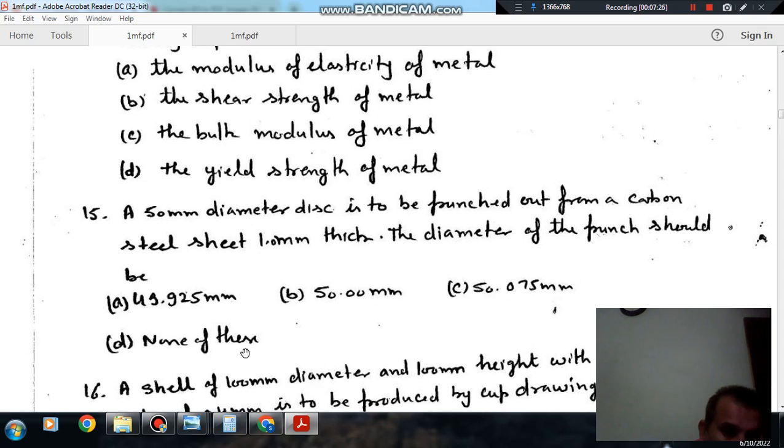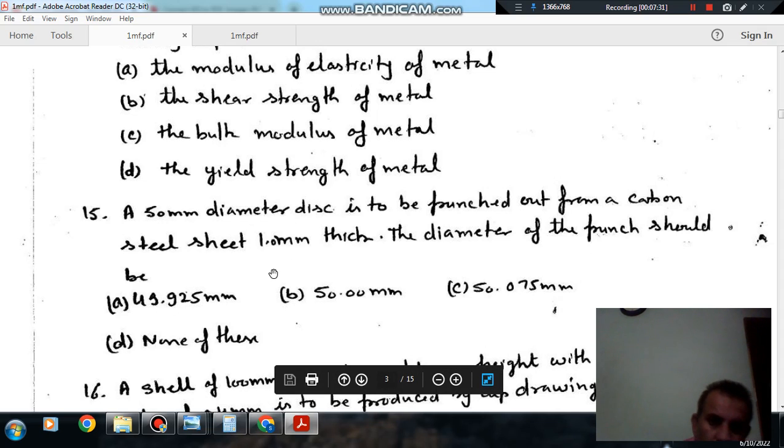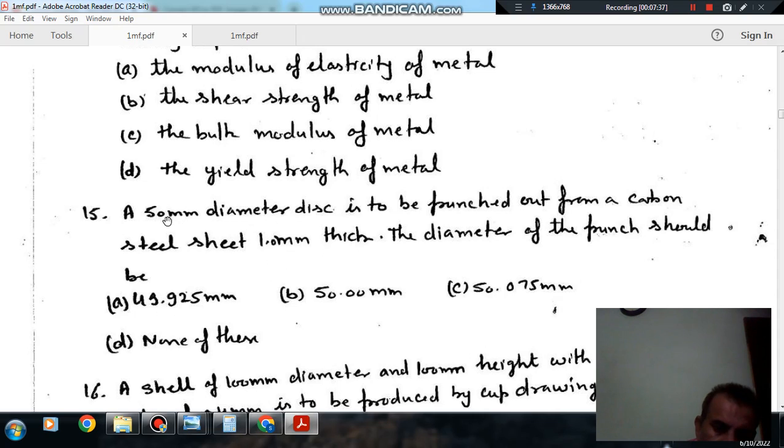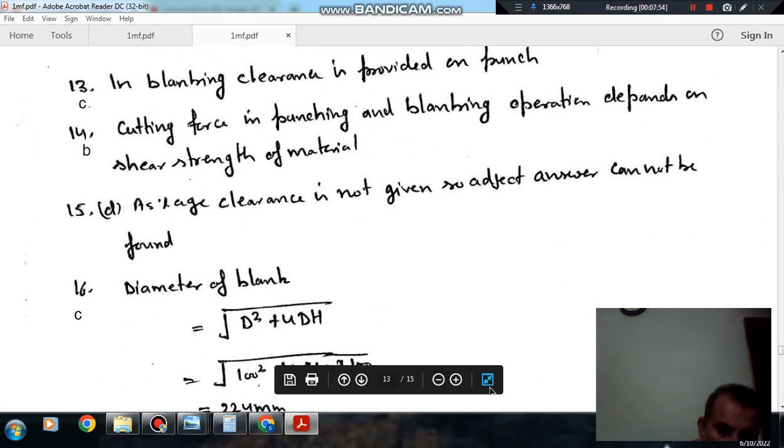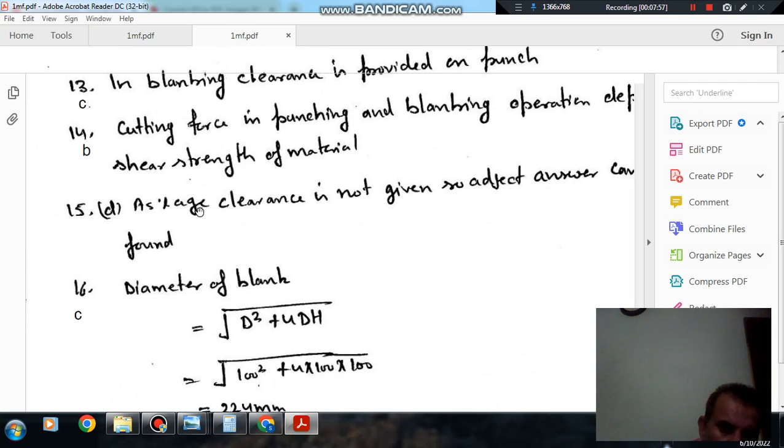So here the answer can be A, 49.925, because in blanking the diameter of the die remains same, that is 50 mm, and clearance is provided on punch. But since no particular clearance is given, answer can be B also.